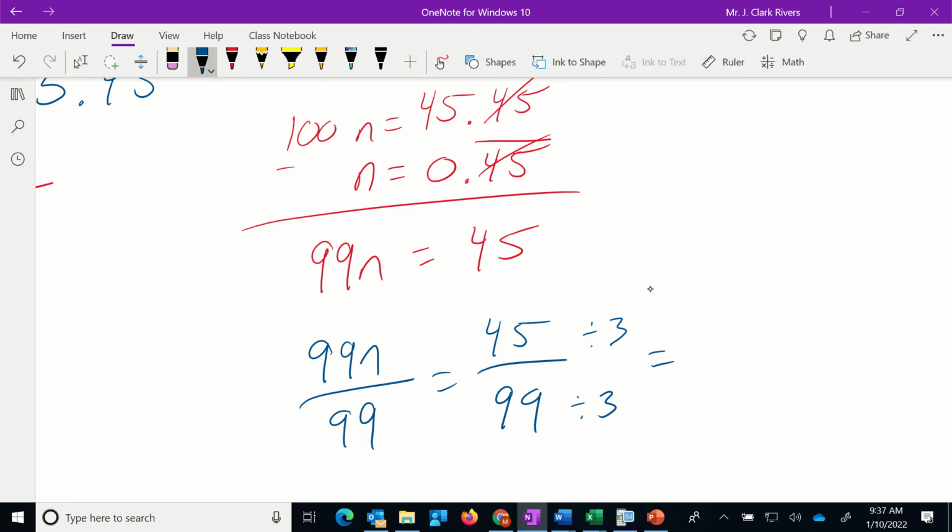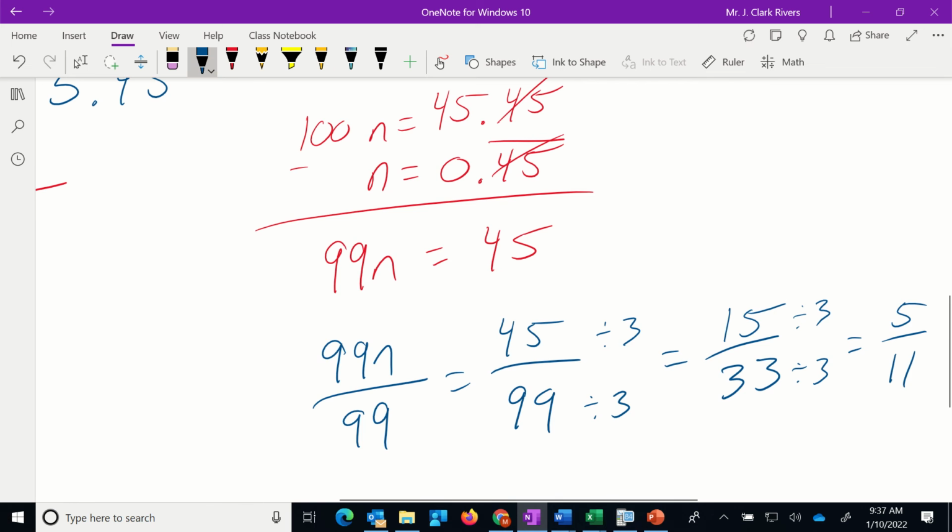You don't have to show this. You can just write it equals 15 over 33. If you want to divide by 3 mentally, I'm okay with that. All right, what can we do here? Yeah, divide by 3 again, and we get 5 over 11. So that's 5 elevenths.